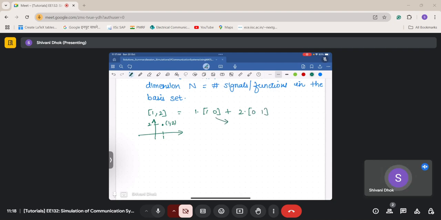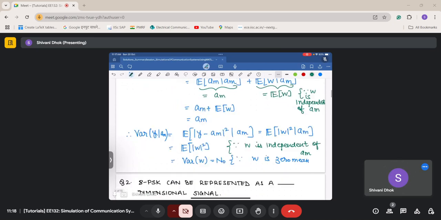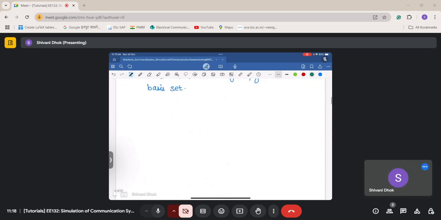So these two are your bases and these are your coefficients. So you can write it as a linear combination of two basis functions or vectors here. Same thing here. And the number of basis signals for that particular signal space is known as N.